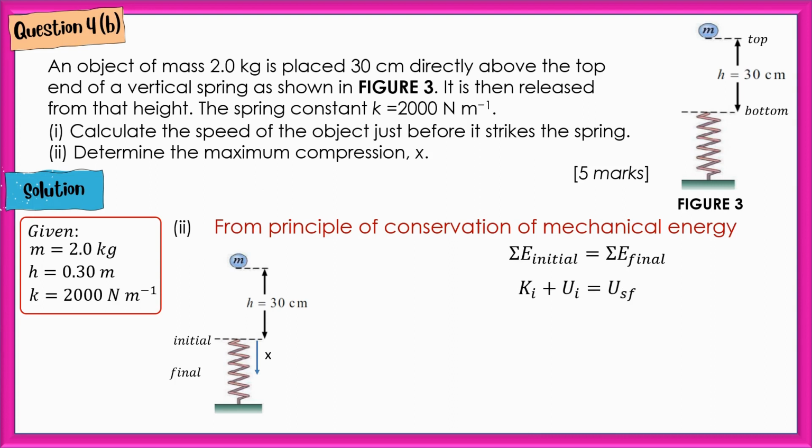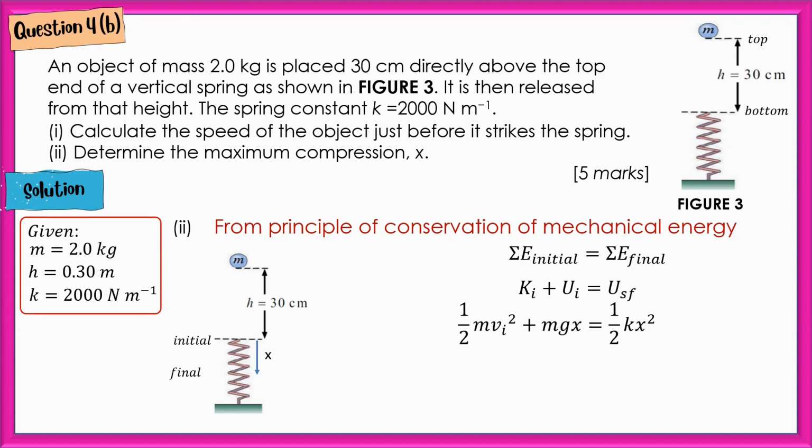The energy involved at the initial point is kinetic energy and potential energy. At the final point, after the spring is compressed, it is the potential energy of the spring. And the equation for the initial kinetic energy is half mvi square. Vi represents the initial speed of the object just before it strikes the spring, meaning that before it compresses, the initial velocity is the same as the velocity at the bottom.